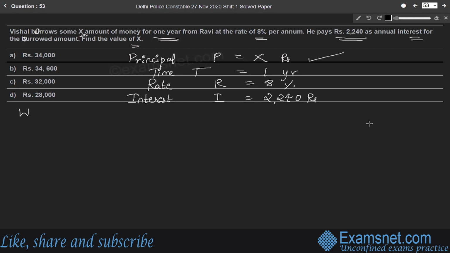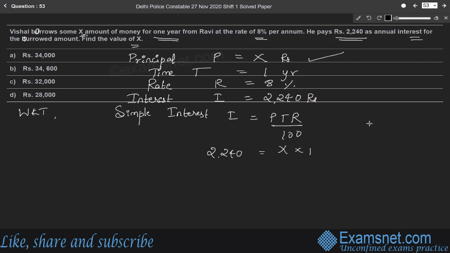We know that simple interest I is equal to PTR by 100. Substitute the values. I is 2,240 and the principal amount we have to calculate.